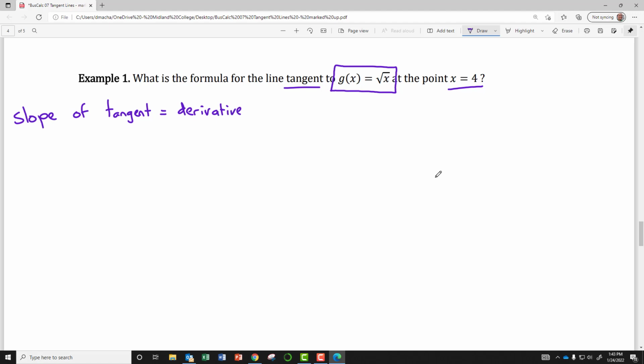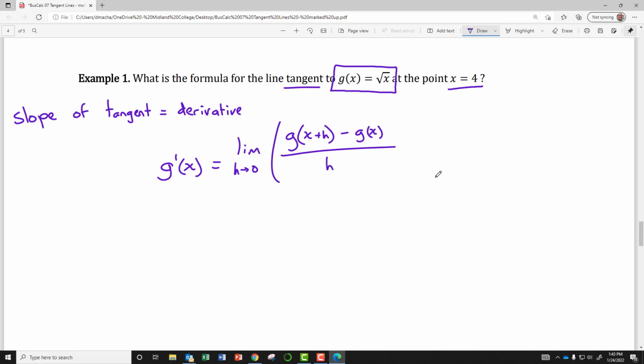And so what I'm going to write is g prime of x is equal to the limit as h approaches 0 of g evaluated at x plus h minus g of x divided by h. And this is going to give me the derivative if I evaluate this limit correctly.